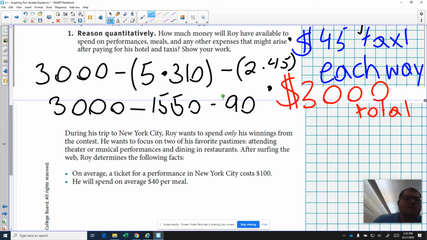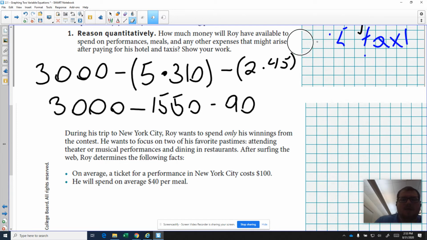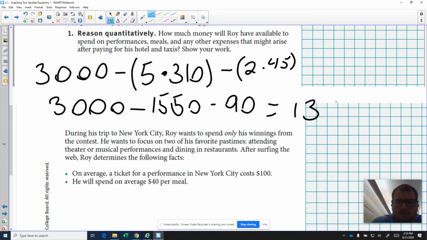Now we want to figure out how much money we actually have. Well, if you really think about this, all we have to do is plug this information into the calculator, or we could do it in our head. Either way works. And then we come out with a value of 1,360.